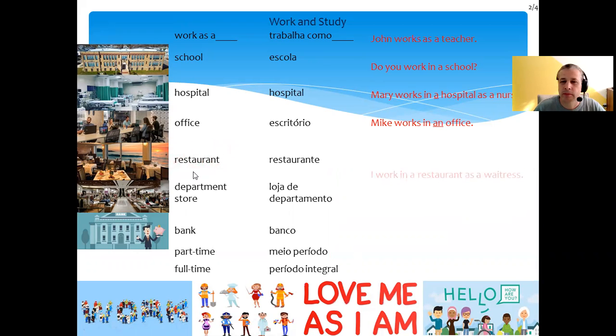Restaurant. I work in a restaurant as a waitress. Eu trabalho em um restaurante como uma garçonete. How can you say Mary não trabalha como uma garçonete?